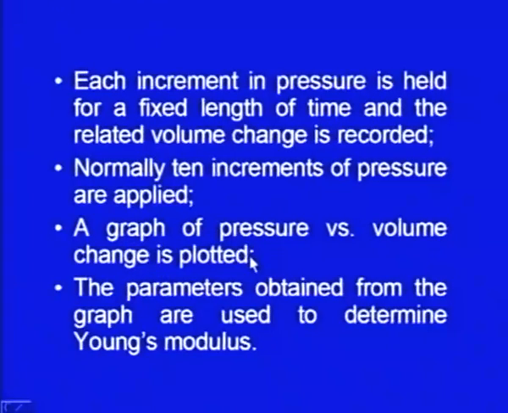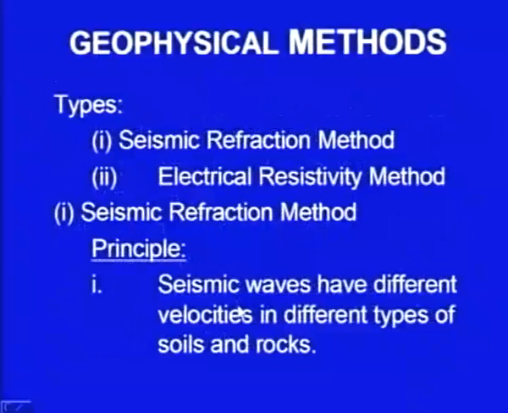I am not going into very much detail. From that graph you can compute some parameters, and they are used to determine the Young's modulus. So, I have discussed only the philosophy of the pressure meter test. The details are available, and most of the time in the field we do the penetration tests.